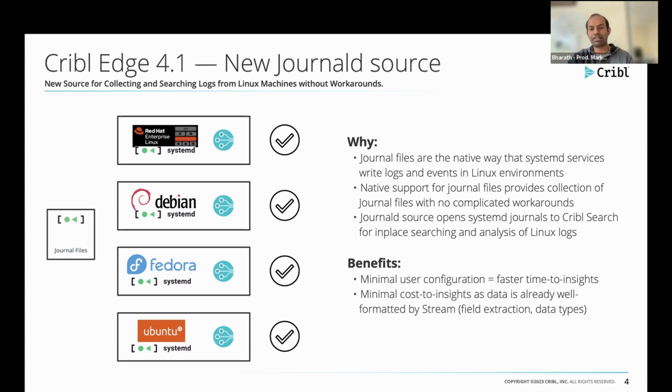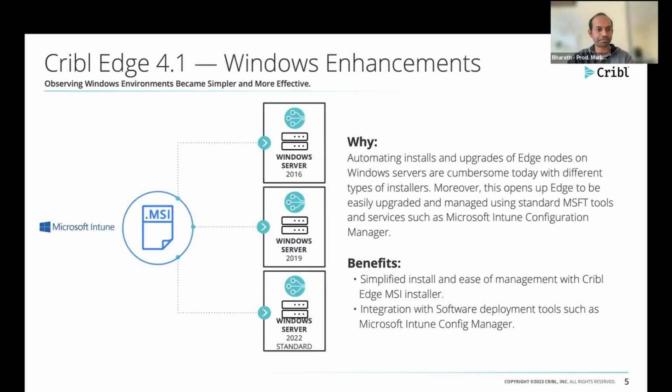Which is something we are very excited about. So if you are particularly interested in this use case around collecting your journal files with Edge or analyzing what's in these files with Search, feel free to reach out to us as well.